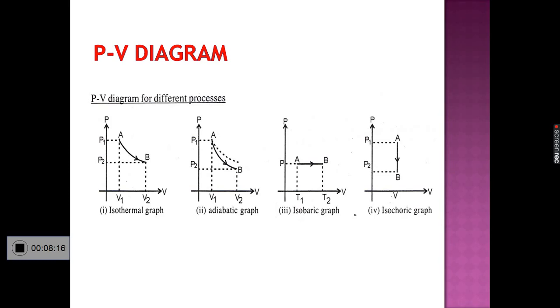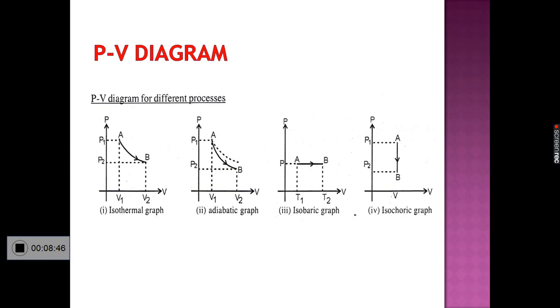T1 is the temperature corresponding to V1, T2 is the temperature corresponding to V2. When volume increases but pressure remains constant, the process is isobaric. But in the earlier two diagrams, the PV diagrams of isothermal and adiabatic processes, when volume increases, pressure decreases.